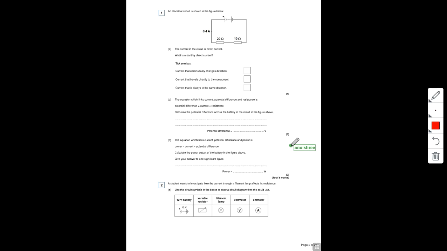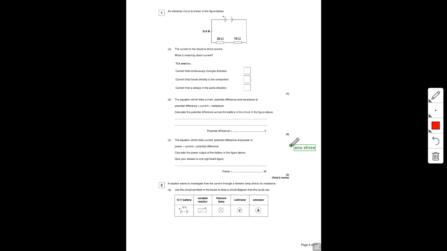And what's the formula to calculate power in case of an electric circuit or electricity? Power equals potential difference times current. Yes, that's very right. Okay.